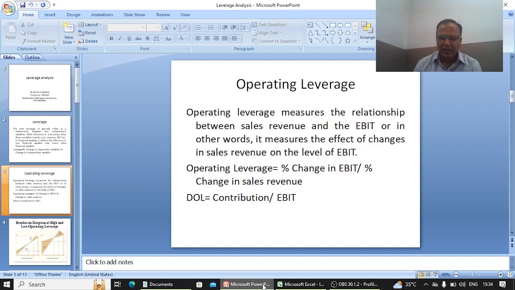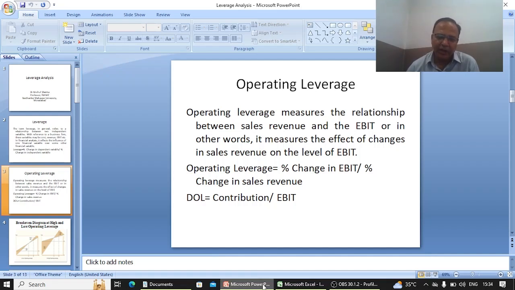If we take more leverage to run the business, it means if a firm is using more operating leverage, then risk in the firm increases and the break-even point becomes far from the point.